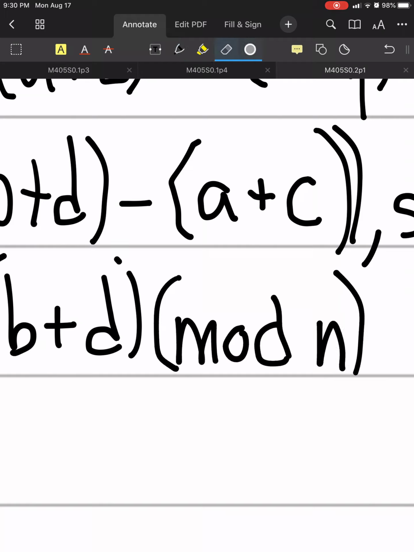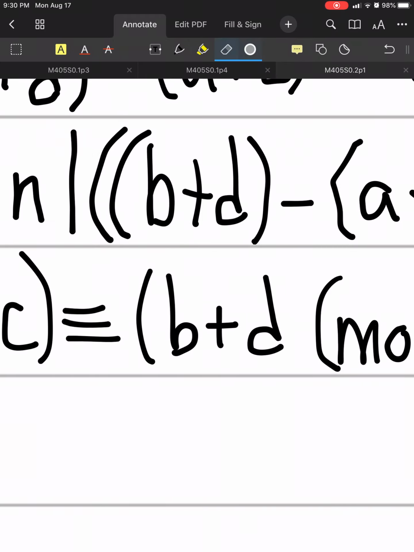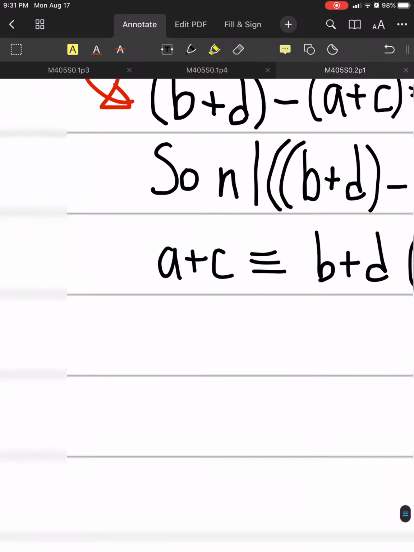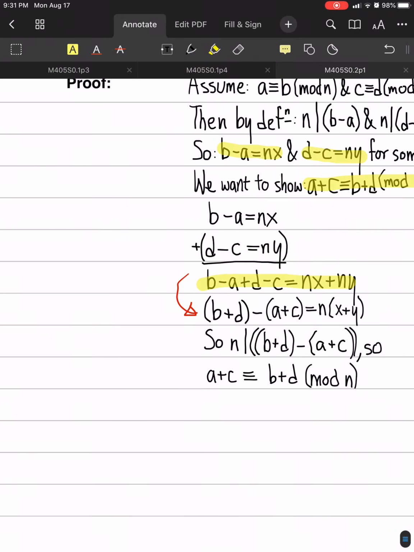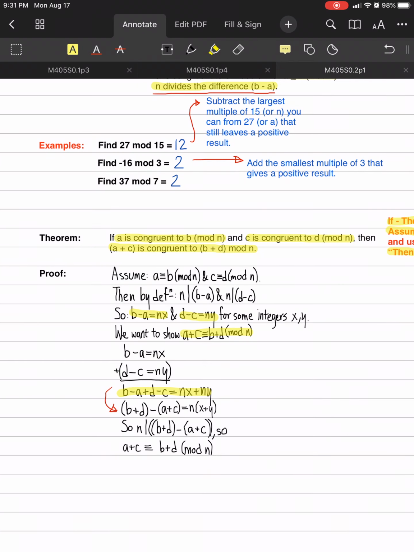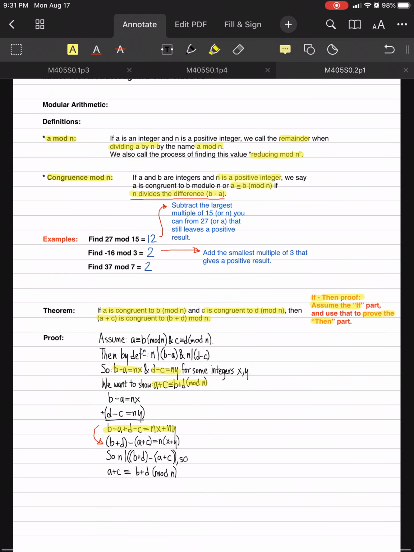I guess I don't actually need that, let's get rid of those parentheses there. Okay. The other thing up here, I had a B minus D there. It should have been a B plus D. So just so you know, that's how that changed. So N divides that difference. So that means those two things are congruent, and we're done there. Okay. And that's all there is to that proof.